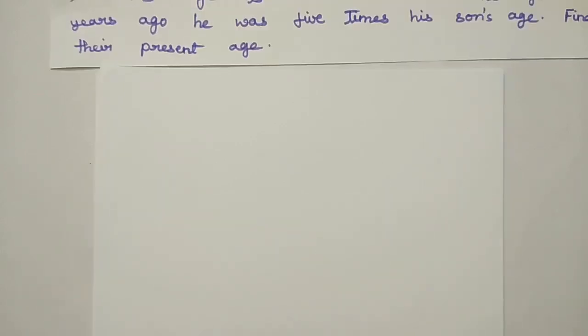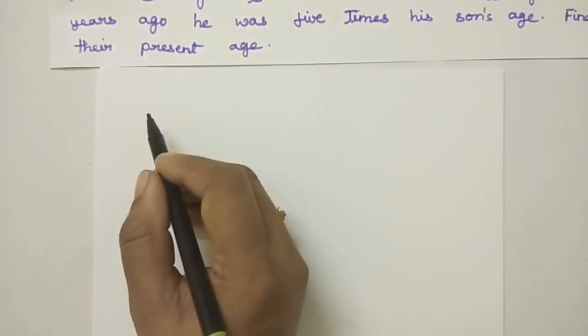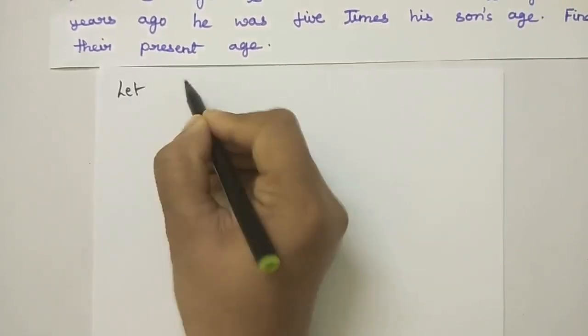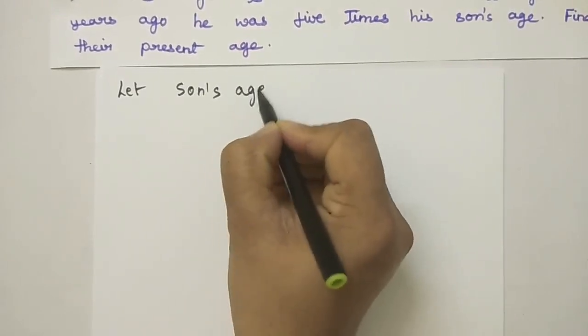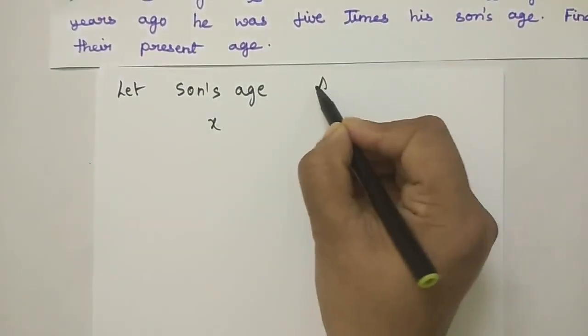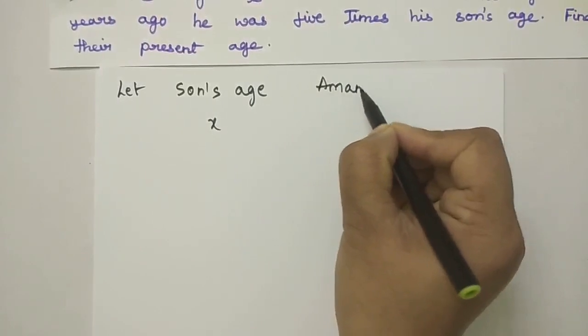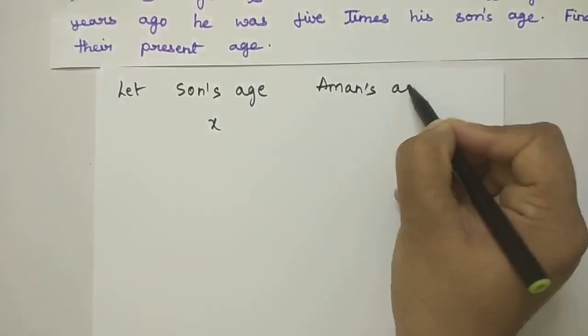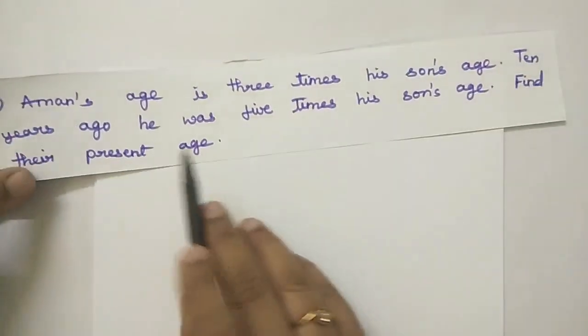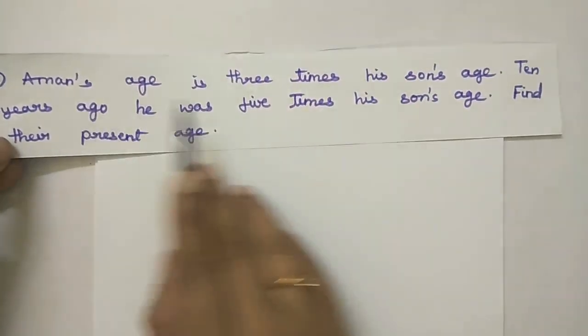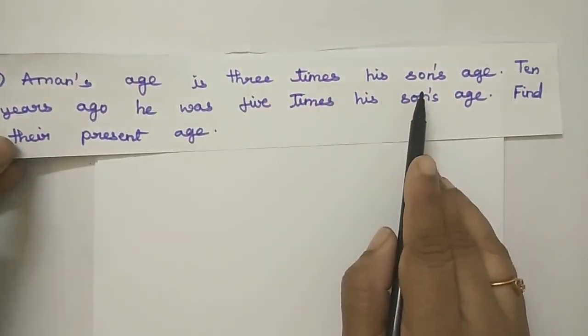We have to take the age of the son as x. So the son's age is x, then Aman's age becomes, the relation between Aman's age and the son's age is given that Aman's age is 3 times his son's age.